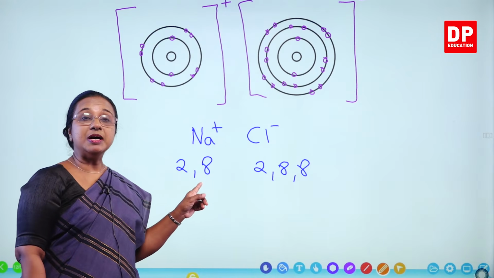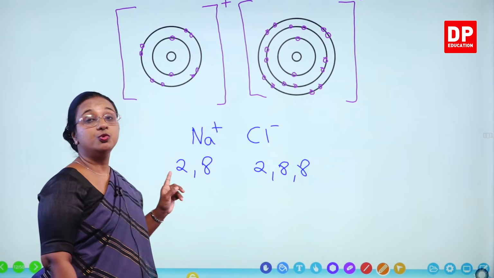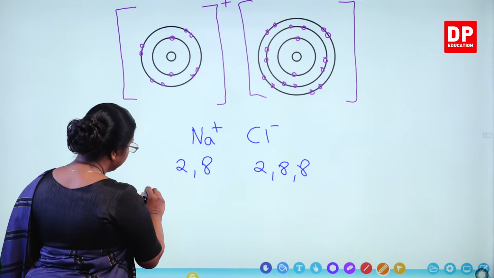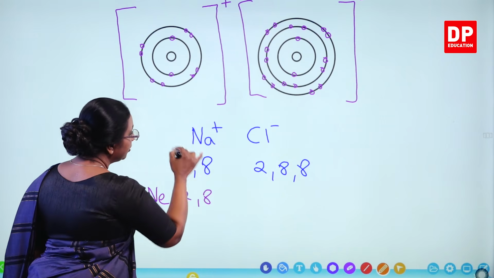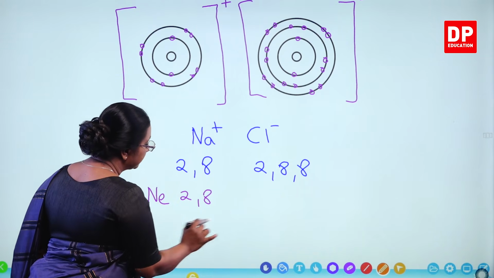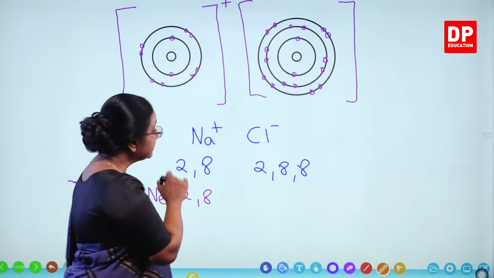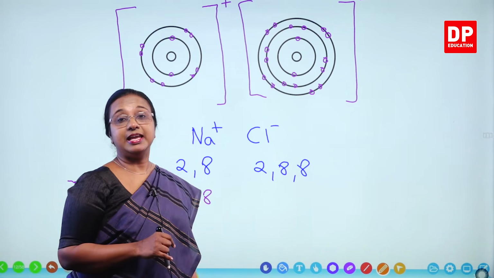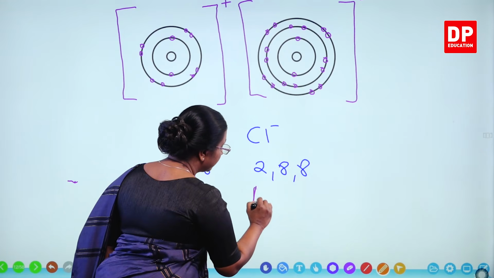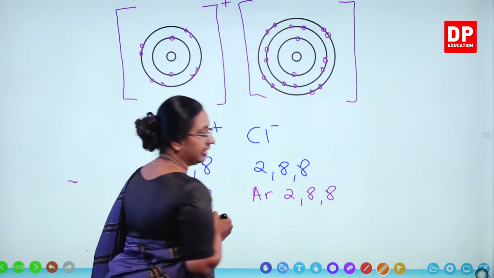You can remember neon has the electronic configuration 2, 8. So the sodium ion resembles neon, which is the noble gas. The same way, chloride, 2, 8, 8, is similar to argon, 2, 8, 8.